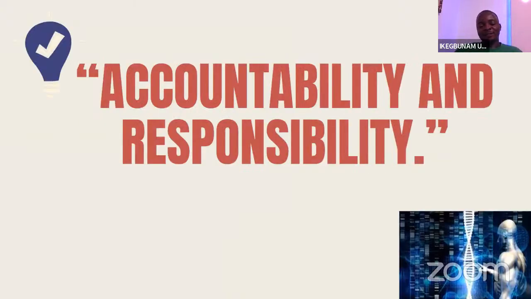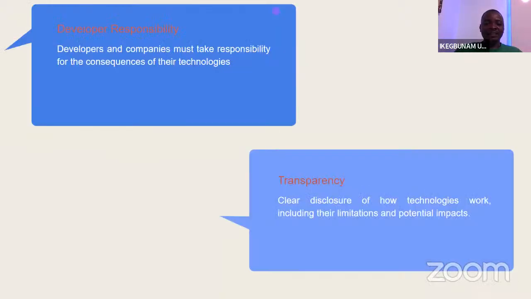Another important aspect of ethics in technology is accountability and responsibility. When we're talking about responsibility, you as a developer have your own role to play to ensure that all the rules or the organized procedures of using technology are maintained and followed responsibly. Developers and companies must take responsibility for the consequences of their technology.